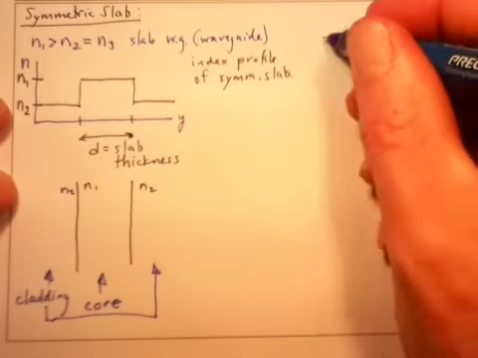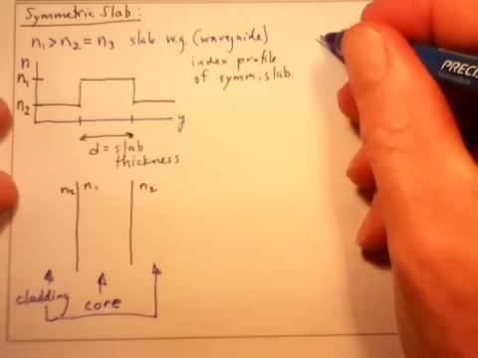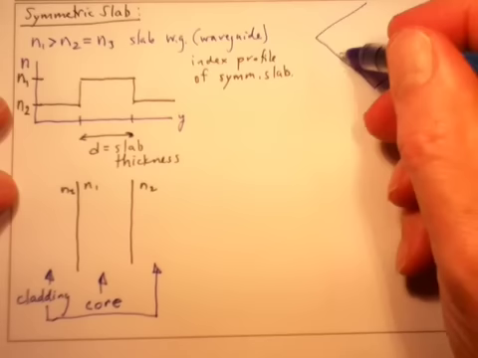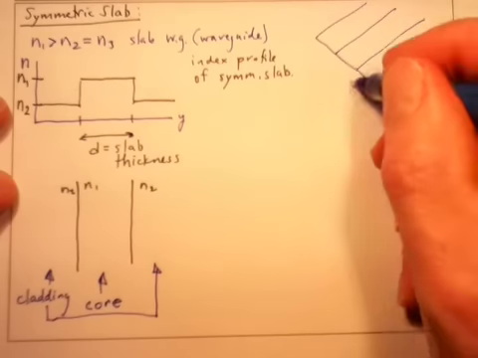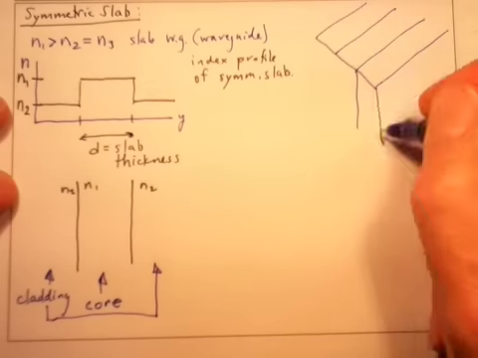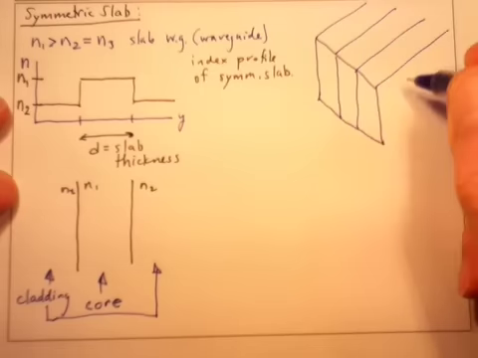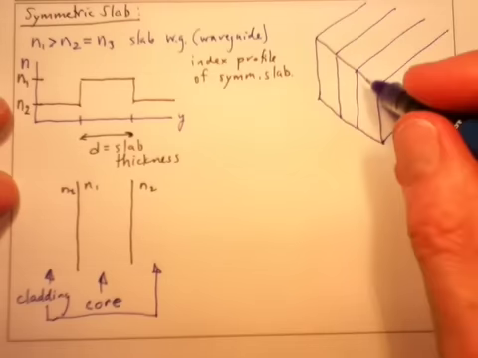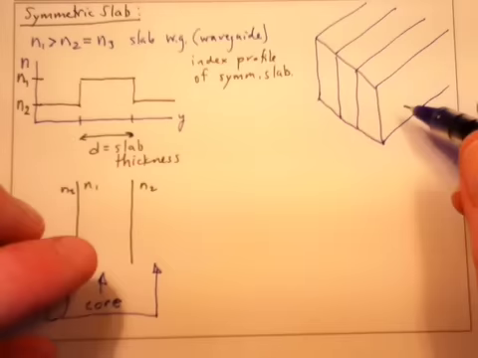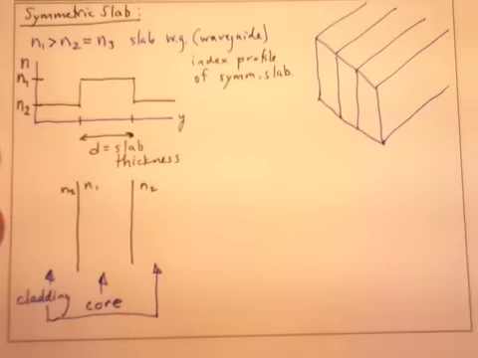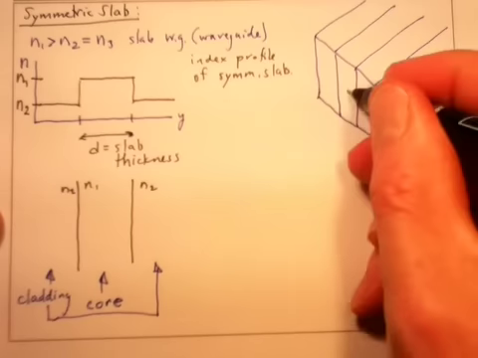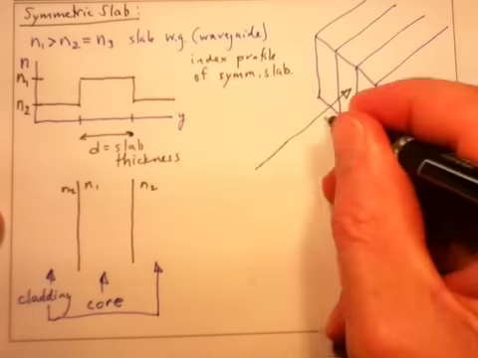Let me draw my slab sort of in a three-dimensional way, like this. Okay, so this is just a section of that slab, and this will be our propagation direction. I'll call that the z-axis.